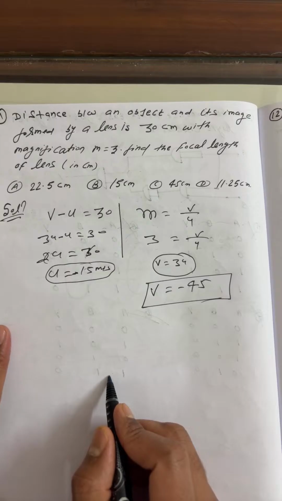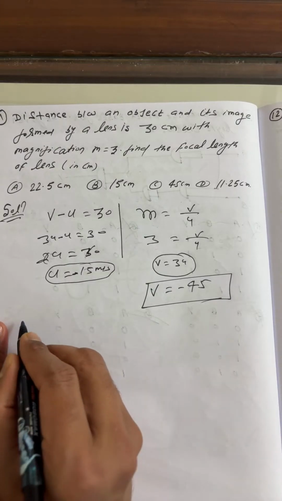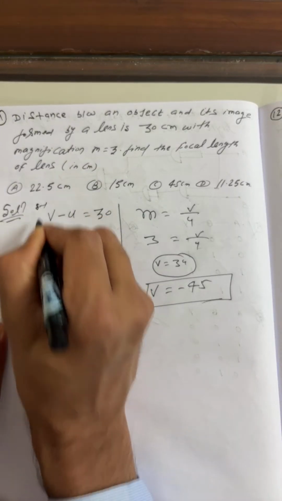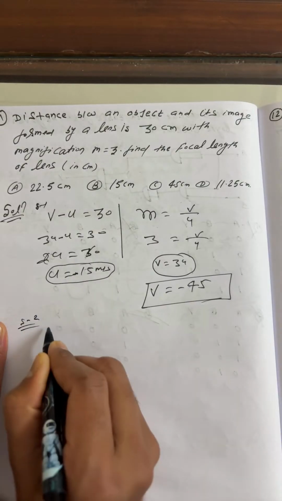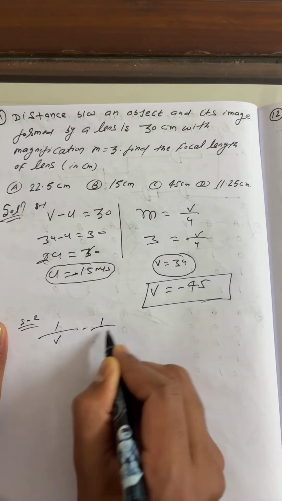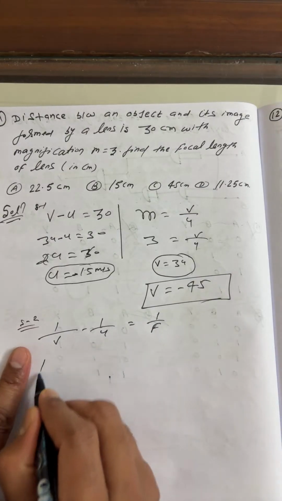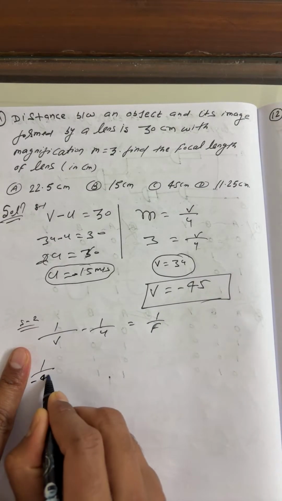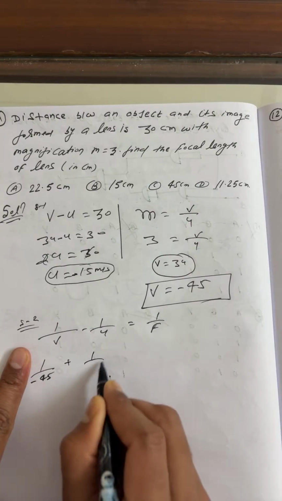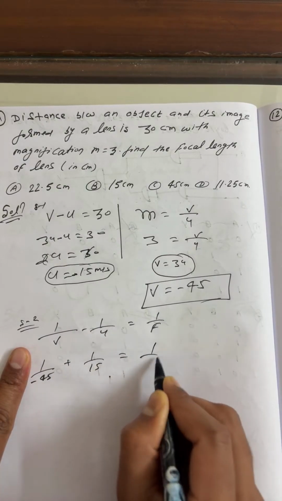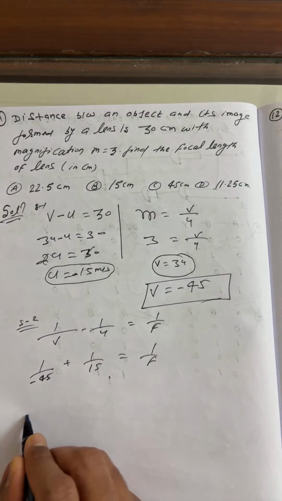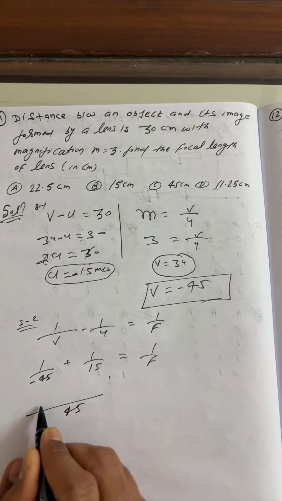How can we solve further? Beta, this is step one. I can say step two: beta, apply the lens formula. 1 by V minus 1 by U equals 1 by F. 1 by V, beta, how much? Minus 45. Minus minus plus, beta, 1 by 15. 1 by F, beta, the LCM remains 45 only.